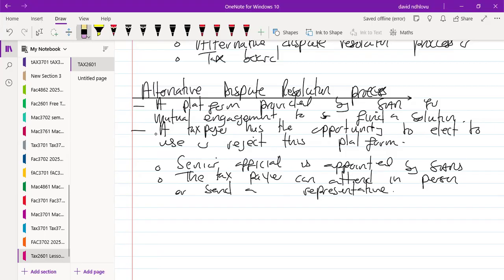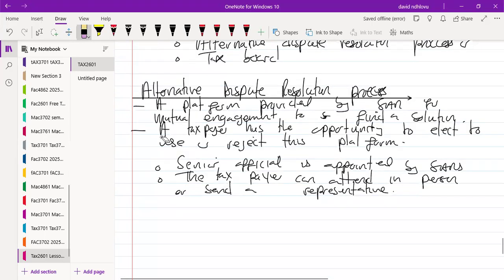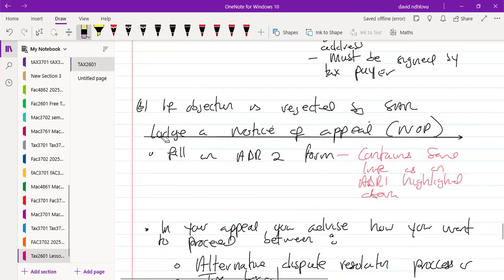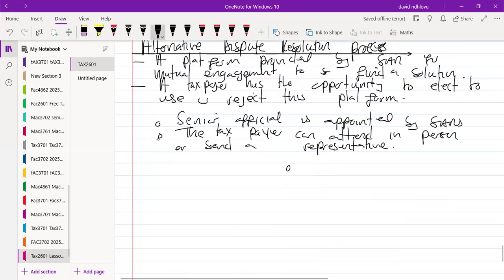Now remember, you can go straight to the tax board. So from the lodging of an appeal, the next step is either the alternative dispute resolution process or what is called the tax board.